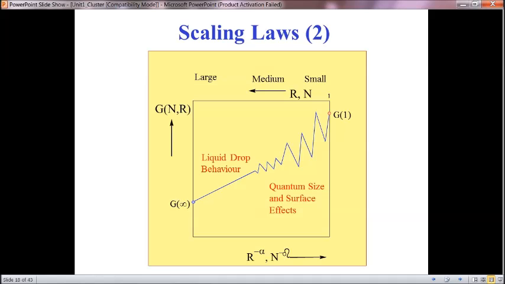For small and medium, with a smaller number of R and N, quantum size and surface effects will be noticed. So this is based on scaling law. This is the property with the nanoclusters.